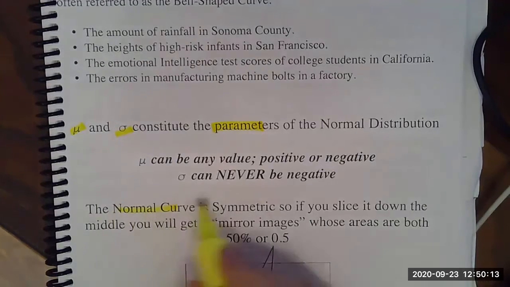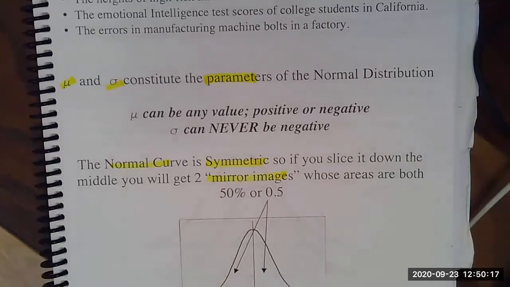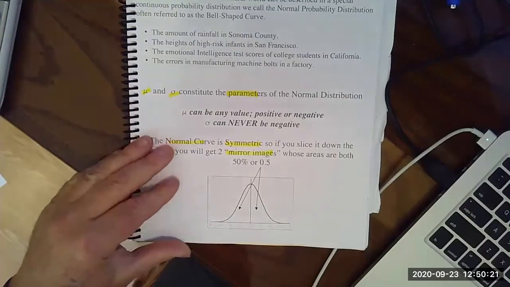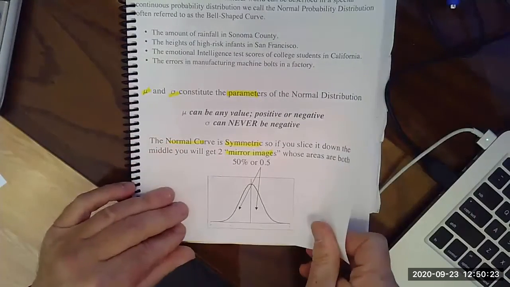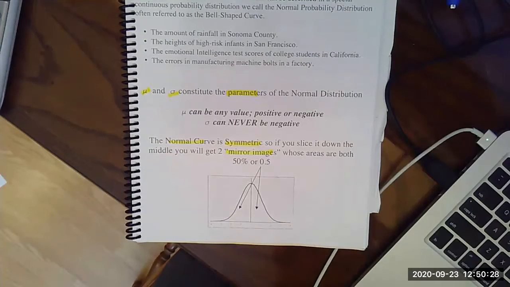Normal curve is symmetric. You get mirror images like I did right there with the picture. Jeff, this image looks like they touch. If you had a magnifying glass or a microscope and got it down there, you'd say, oh, I see it.